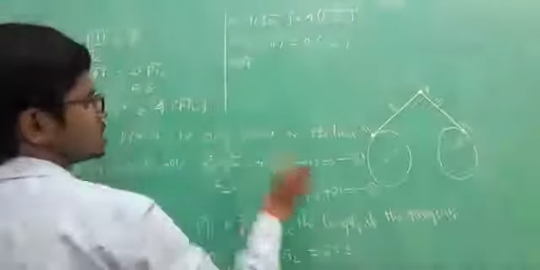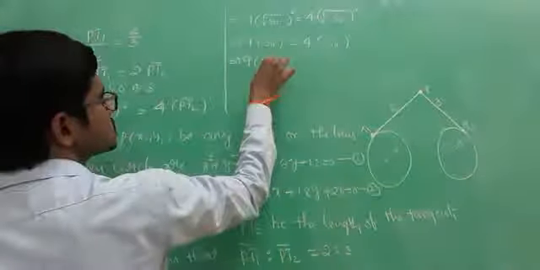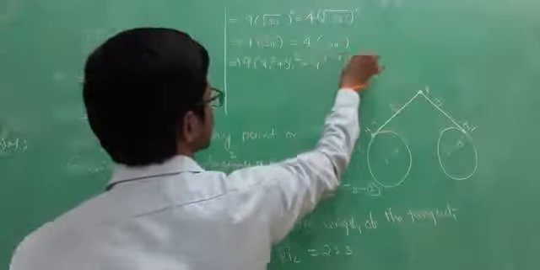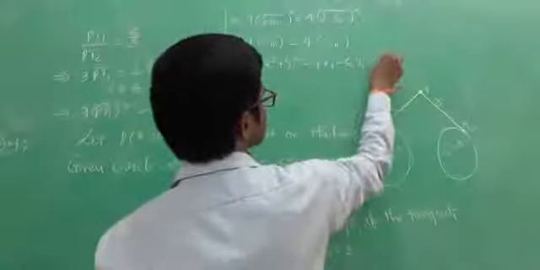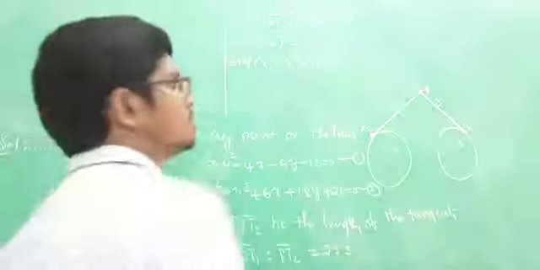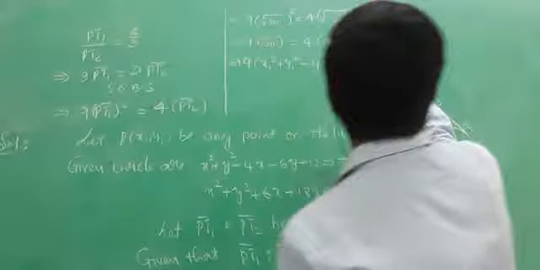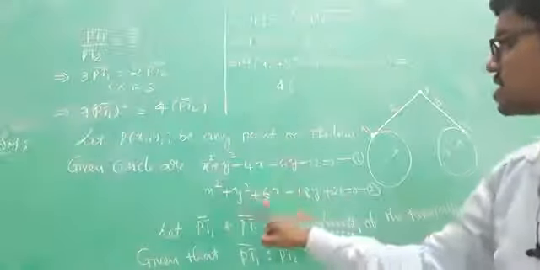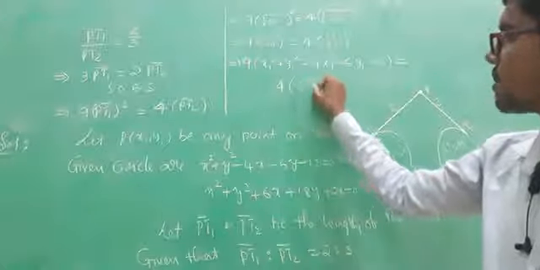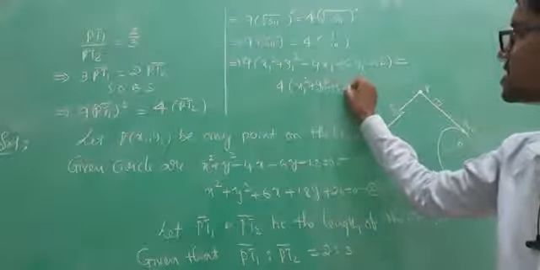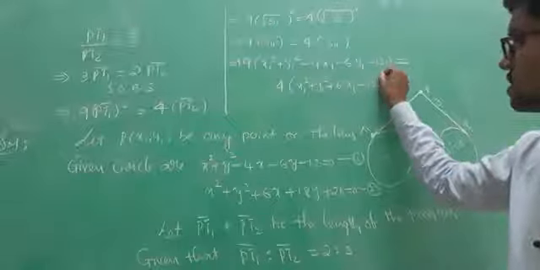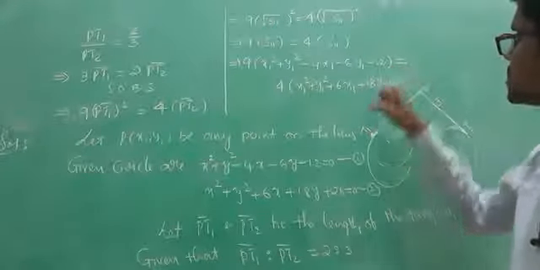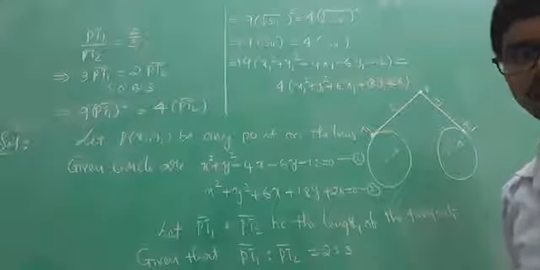So 9 into the first circle, x1 square plus y1 square minus 4x1 minus 6y1 minus 12, is equal to 4 into S dash, which is x1 square plus y1 square plus 6x1 plus 18y1 plus 26.